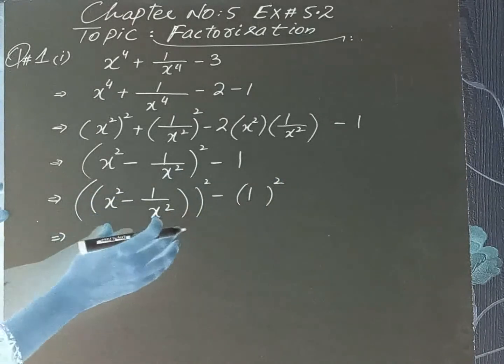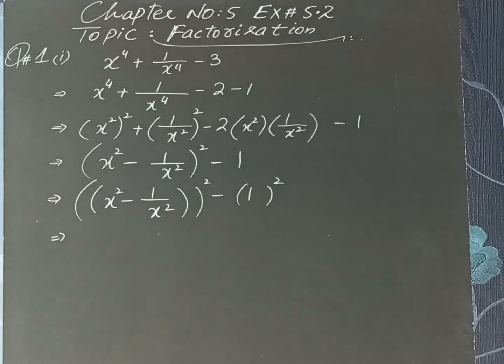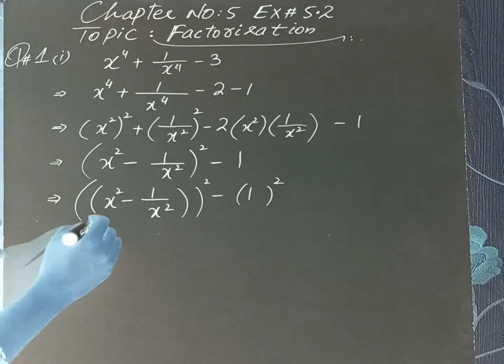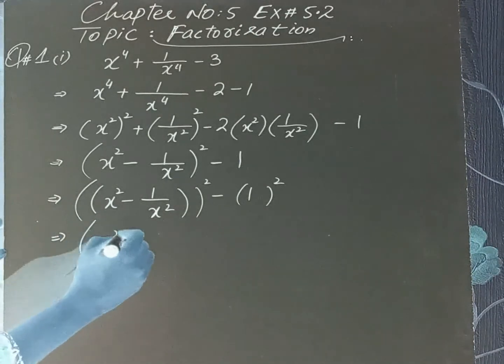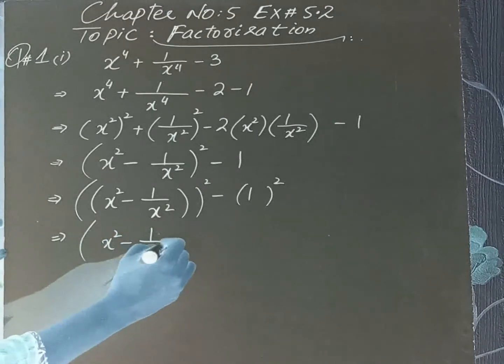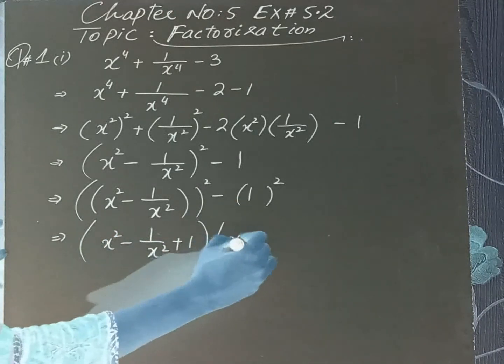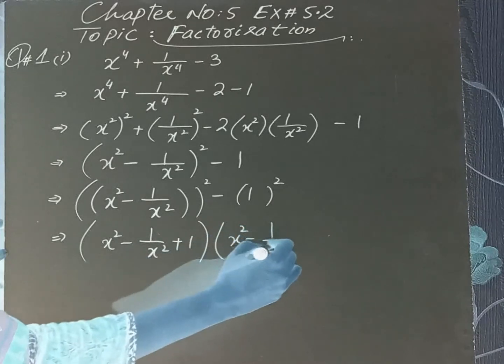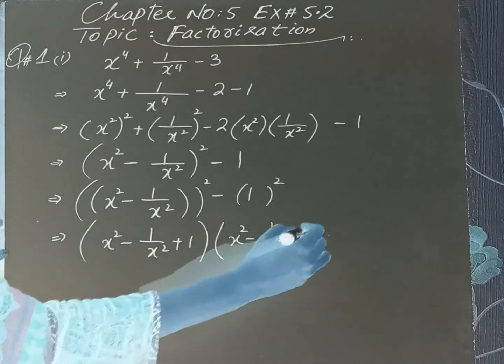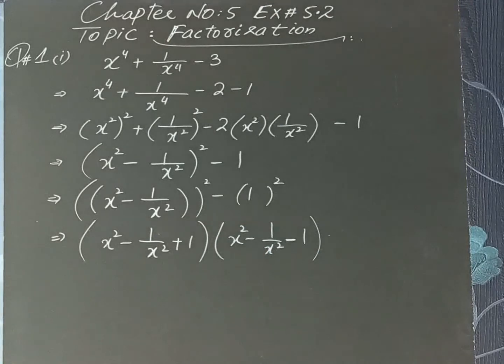This is now a square minus b square, which can be written as a plus b, a minus b. A is x square minus 1 over x square, plus b, which is 1, times a minus b, which is x square minus 1 over x square minus 1. So this is the factorized form of the given expression.